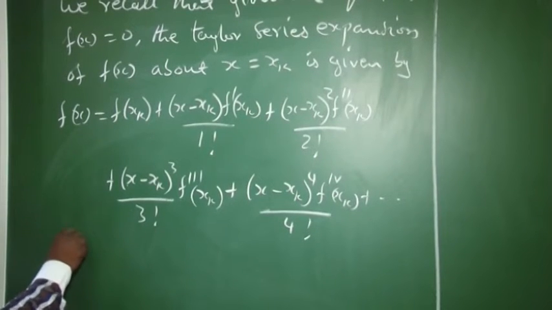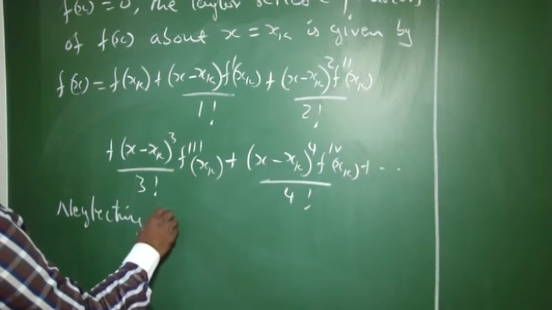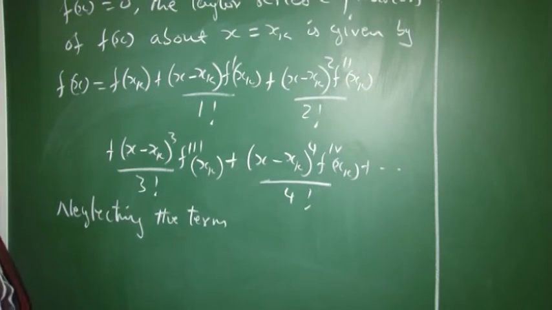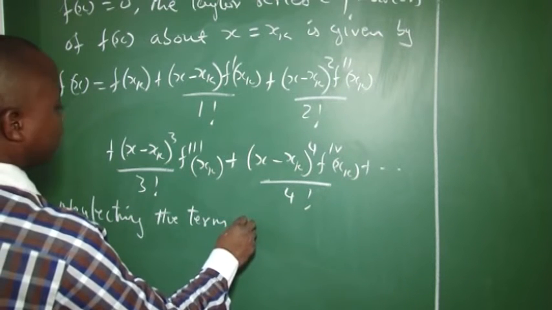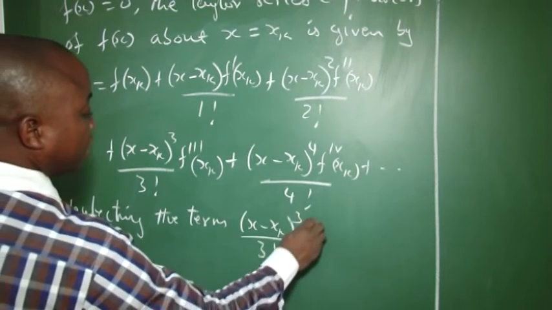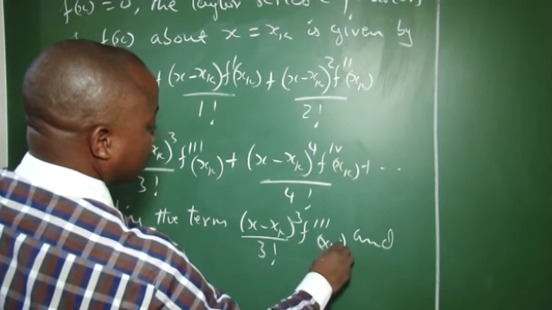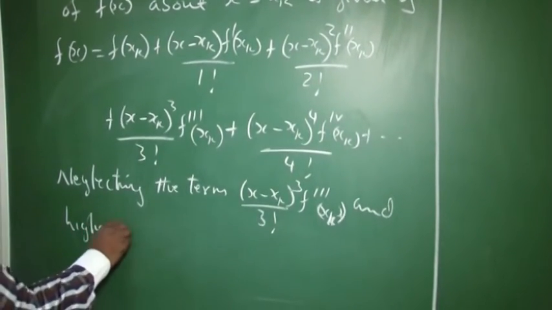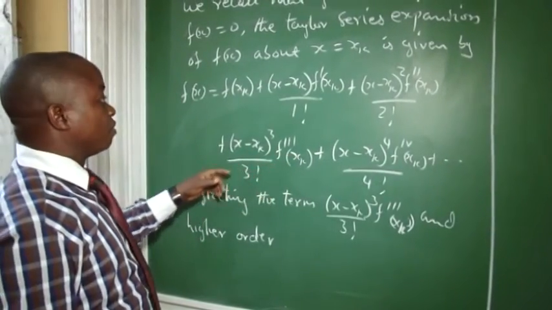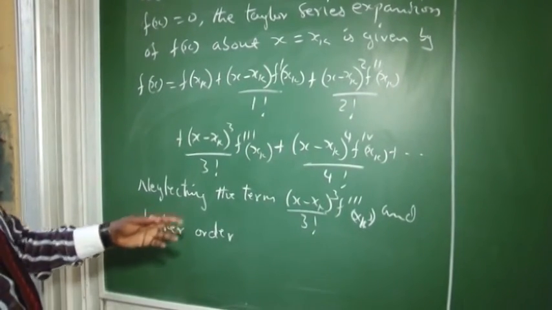Now, neglecting the term, which term? (x minus xk) cubed over 3 factorial f triple prime of xk, and the higher order terms, that is from this side up, because we assume that the error is too small that we can neglect.